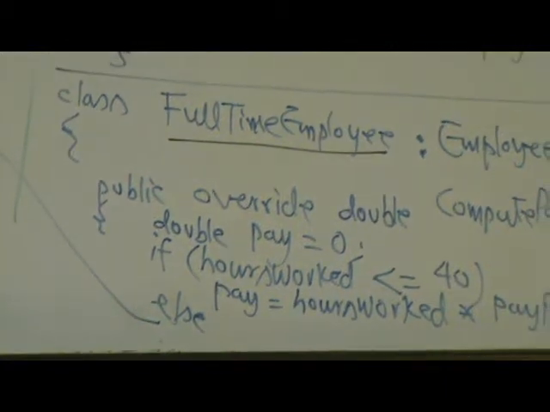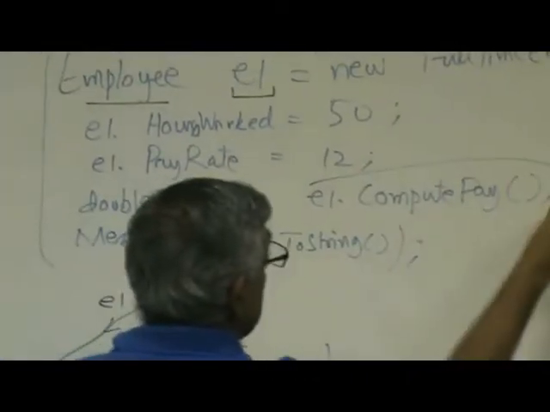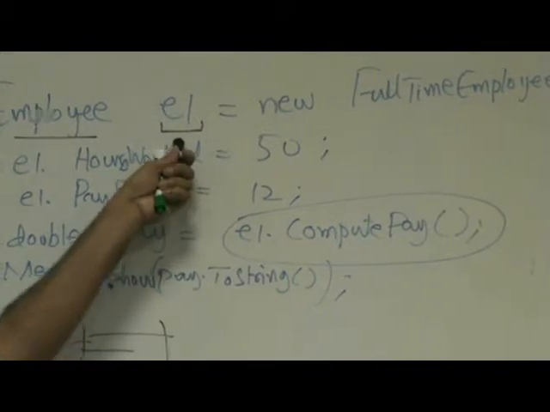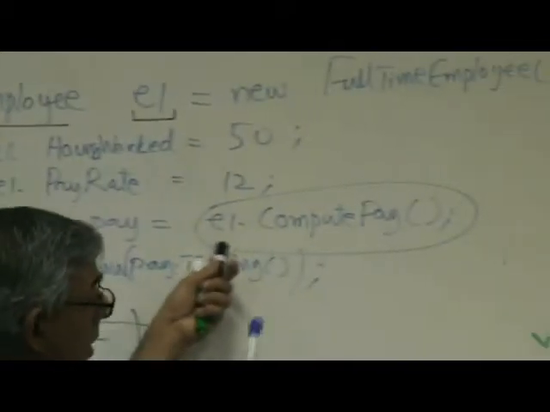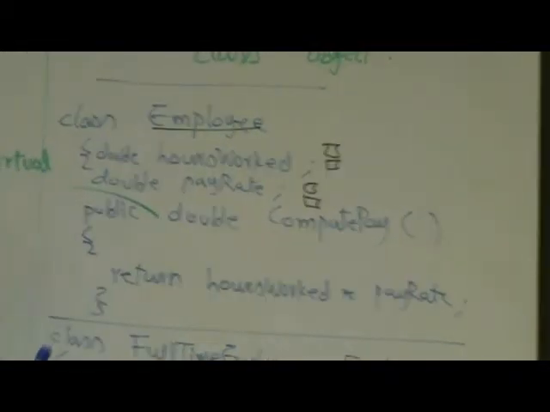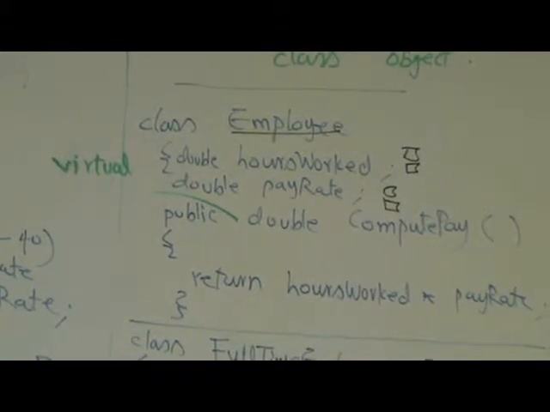So anyway, to summarize one more time, when the compiler comes across this statement, what does it do? It goes and checks E1. What type is E1? Employee. Then the compiler goes to the Employee class and checks, was it declared virtual or abstract or override? Because in all three cases, the vtable has to be involved.